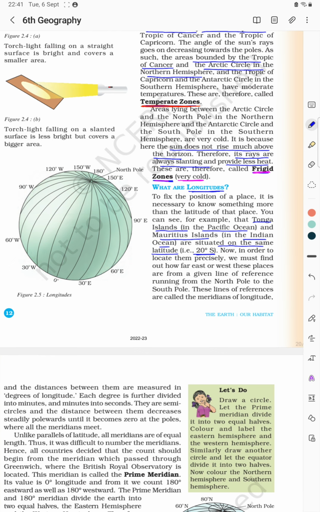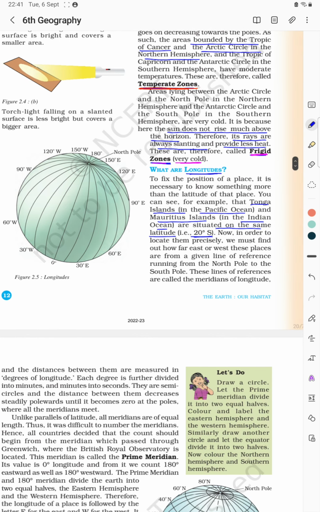So how do we locate them precisely? We must find out how far east or west these places are from a given line of reference. So basically we will need one vertical reference line, which we call the meridian of longitude.